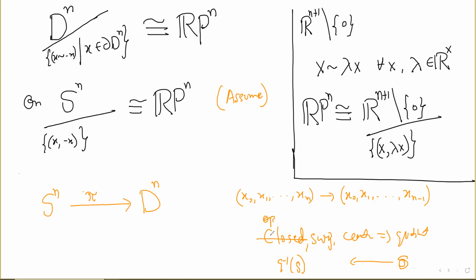And it's a closed map because it's from a compact set.